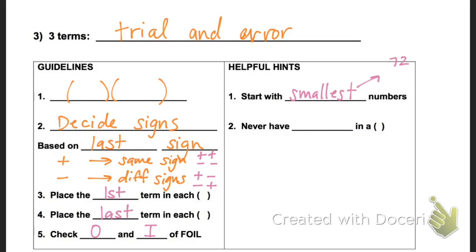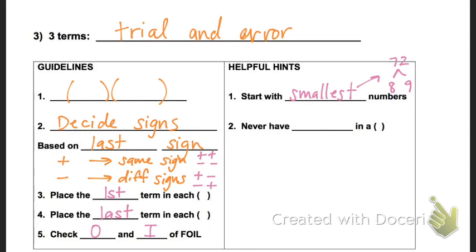What I mean by smallest are the two numbers that are the closest together. So what are some factors of 72? What are the two numbers that are the closest together? 9 and 8. So I would probably start with an 8 and a 9, and then work my way out. But you're probably not going to start with 1 and 72 or 2 and 36 because they're really far apart from each other. So choose the two that are the closest together.